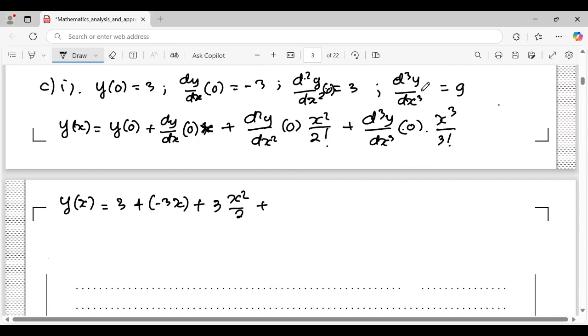This one, 9 times x cubed over 6 because only 4 terms.